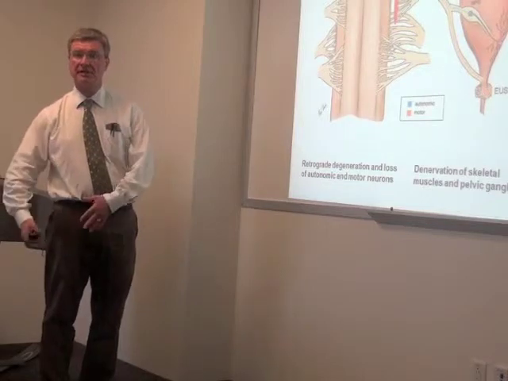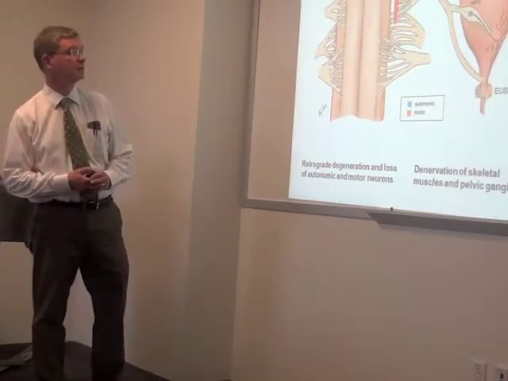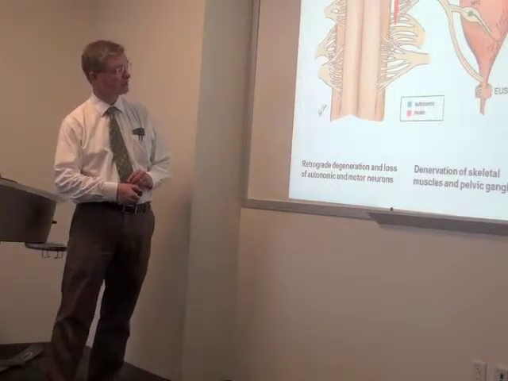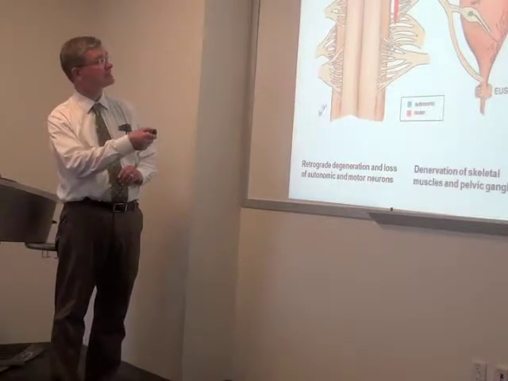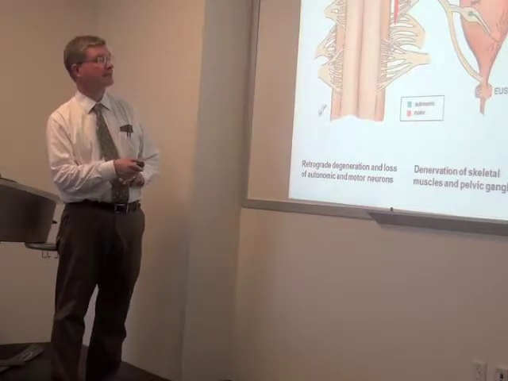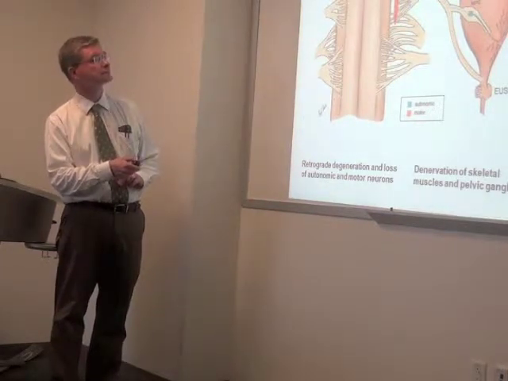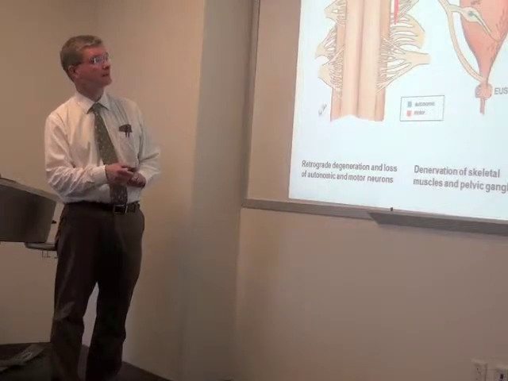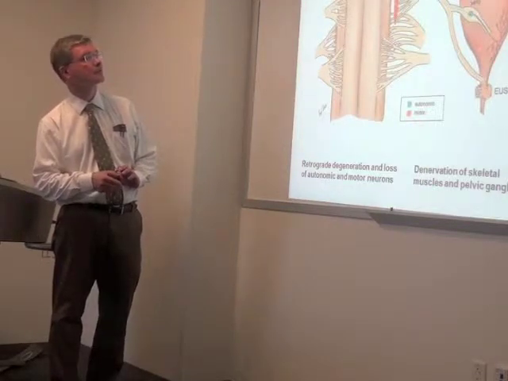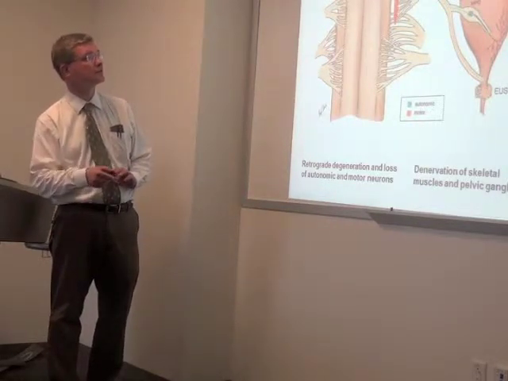They would also degenerate, and the leg muscles would become weak. As I mentioned before, we have loss of neurons in the spinal cord here, those that are injured, and we also have development of pain and other symptoms from the periphery.